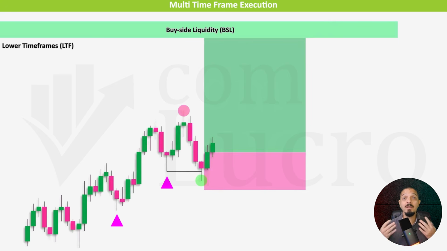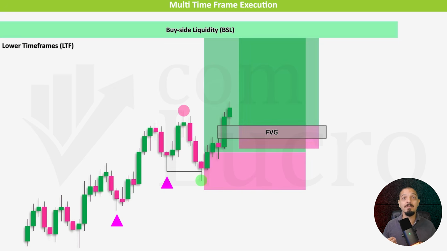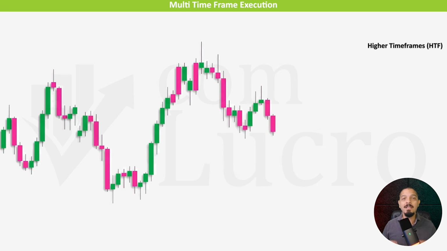A more conservative option is to wait for price to continue moving higher to confirm the reversal, and then look for fair value gap formations to place a buy limit. If no clear fair value gaps are visible on the 5-minute chart, dropping down to the 1-minute chart can provide additional precision.